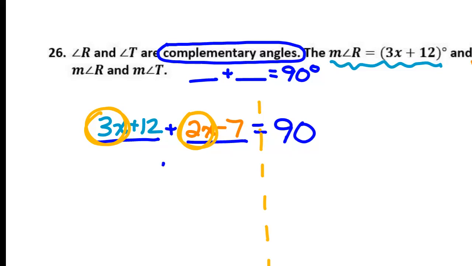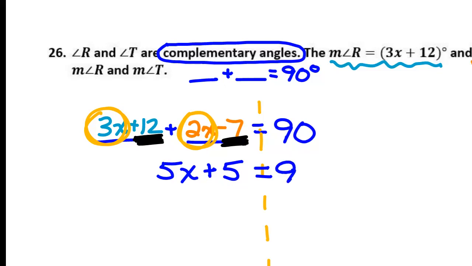So this is 5x. And then we do the same kind of thing with our constants, with the things that don't have variables. I've got a positive 12, and then I'm going to take away 7 from that. 5. And it's a positive 5 that I have left over because 12 was bigger than 7. Equals 90.